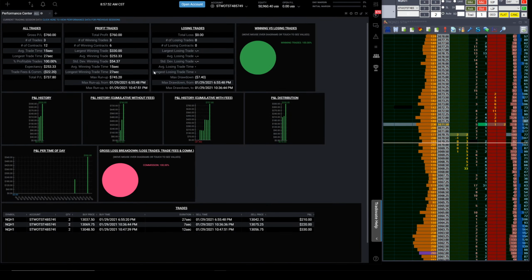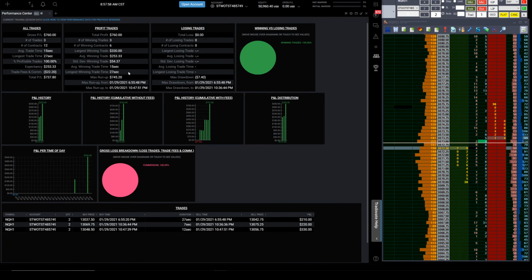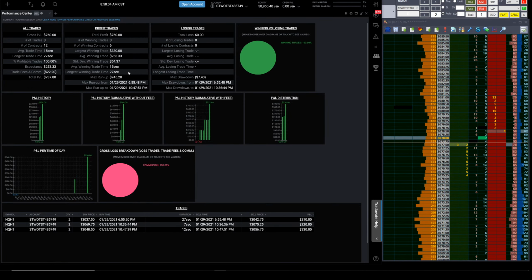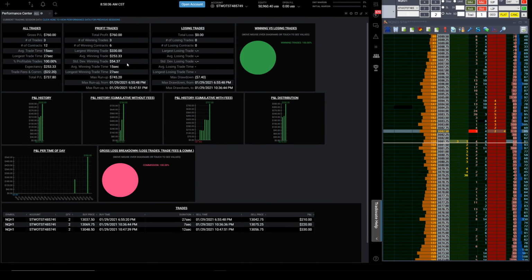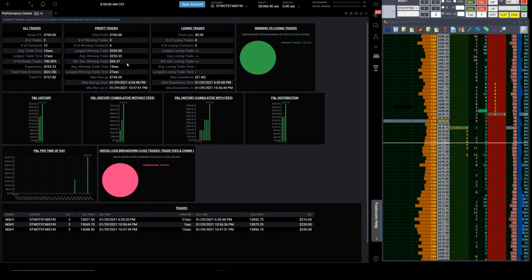Expectancy is 253.33. Average winning trade time is 15 seconds. Longest time was 27 seconds. Standard winning trade deviation is 54.73, and largest winning trade was 330.